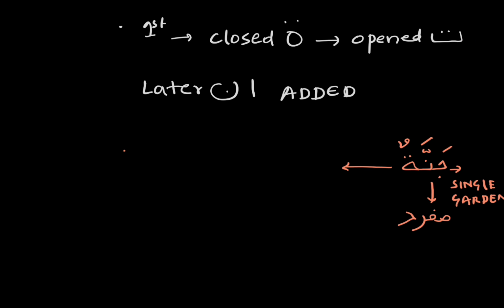First remove the tanween from the last letter and add fatha, that is zabar, over the last letter. Then it forms Jannata.